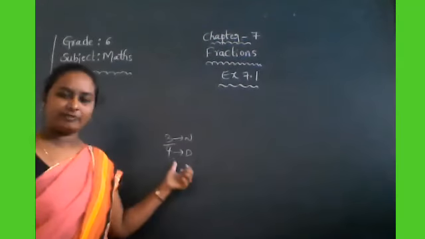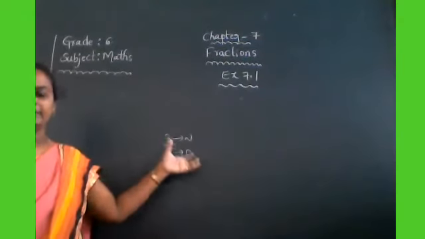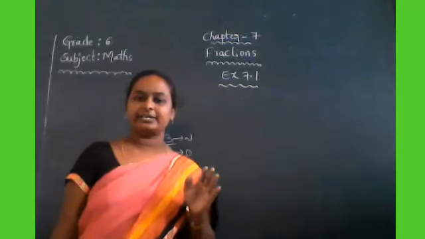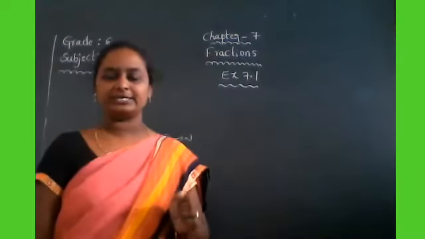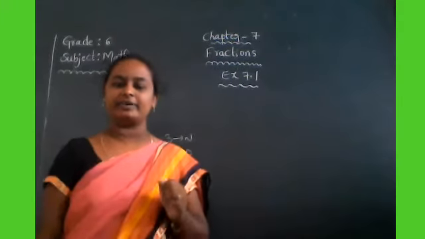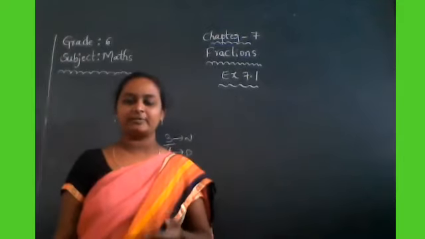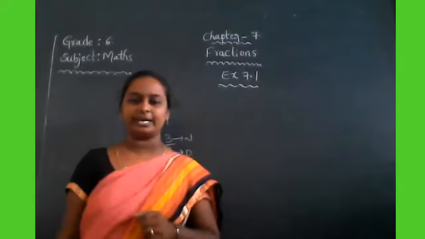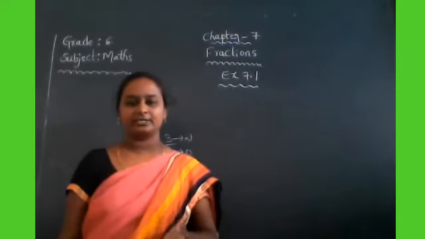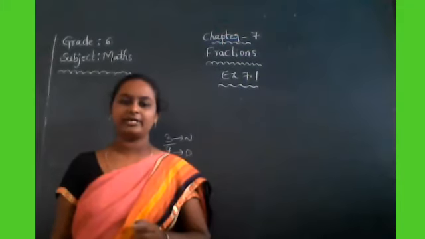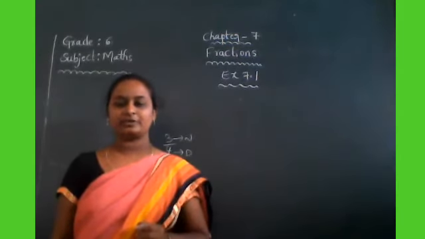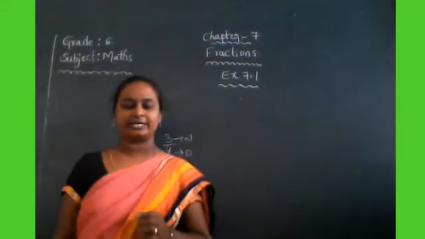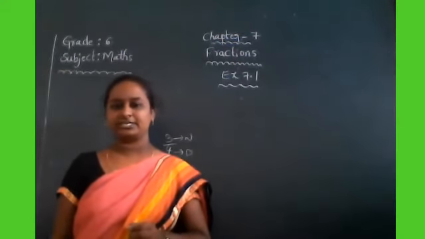So a fraction is in the form A by B, where B is not equal to 0. That means the denominator is not equal to 0. If the denominator equals 0, what will happen? It is not defined. So always remember the denominator is not equal to 0.